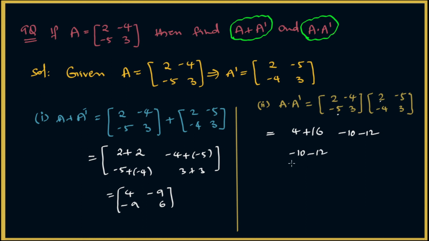Finally second row, second column: minus 5 into minus 5 is plus 25 and 3 3s are 9. So 4 plus 16 is 20, this is minus 22, minus 22, and this one is 34. Therefore, A into A transpose is 20, minus 22, minus 22 and 34.